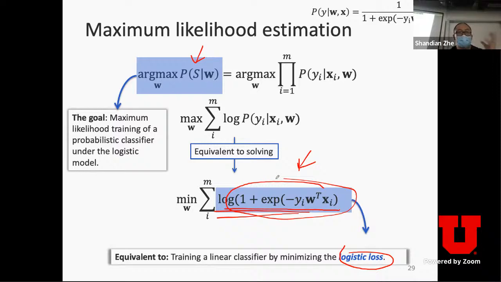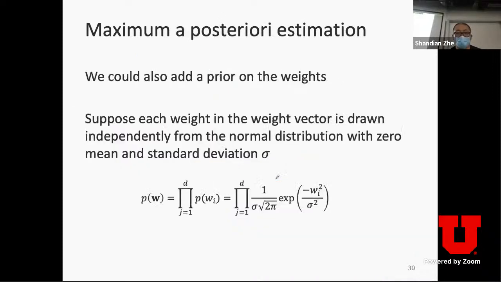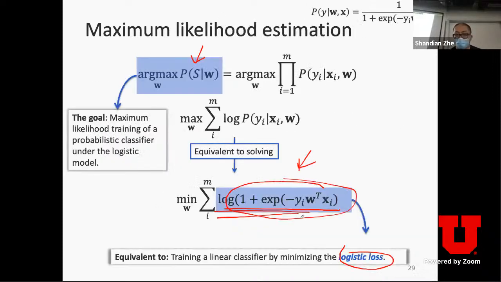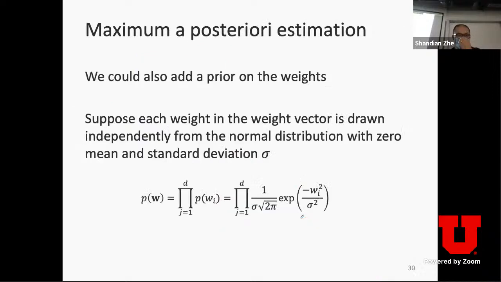Okay, so that's maximum likelihood estimation. We have arrived at our objective. Now I want to extend it to maximum a posteriori estimation. As we mentioned before, maximum a posteriori means that we want to consider the prior of the model parameters. For maximum likelihood estimation, we don't have any prior preferences over different parameter choices.